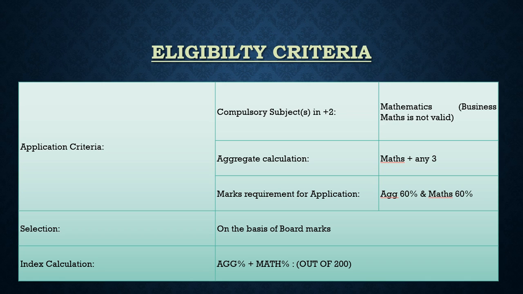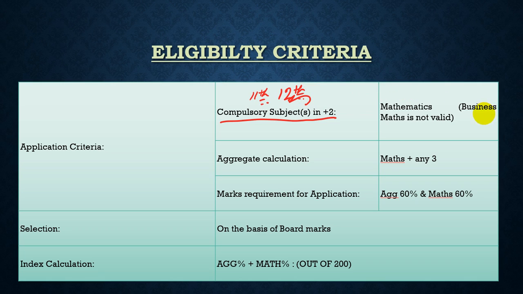For your application to be valid, you must have mathematics as a compulsory subject in your plus 2, that is in your 11th and 12th standard. You must have mathematics as a subject.